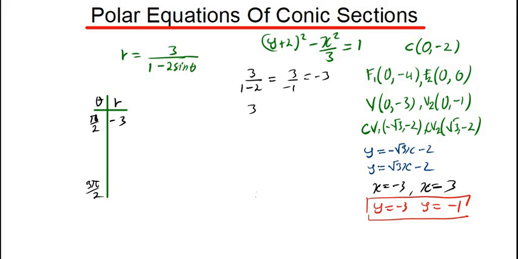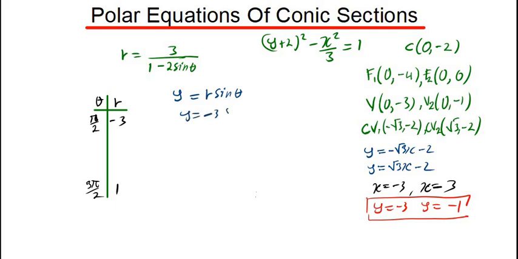That's what you get in terms of r, but I want to get it in terms of y since I'm on the y-axis. We know that y is equal to r sine theta. So y is equal to, what's my r? Minus 3 sine theta. What's my theta? 90. Sine 90 is 1, so this remains minus 3.